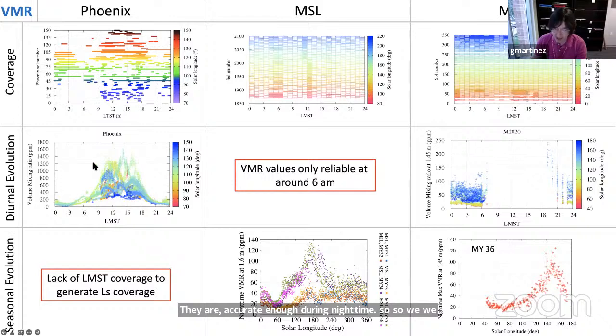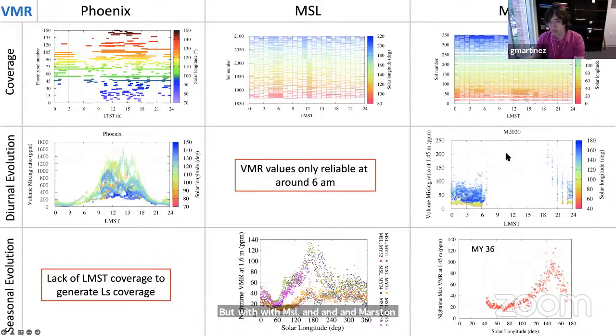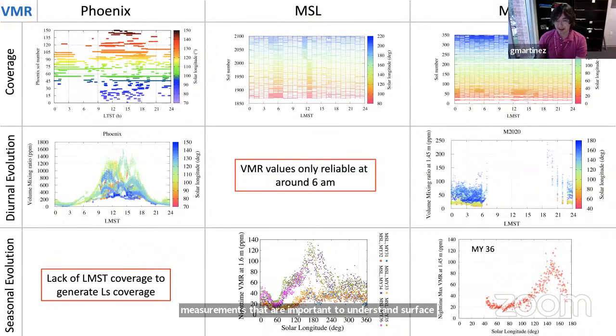With Phoenix, we had the diurnal coverage, but we were lacking seasonal or interannual information. With MSL and Mars 2020, it's the reverse. So this is the status of all the measurements that are important to understand surface-atmosphere exchanges of water vapor.